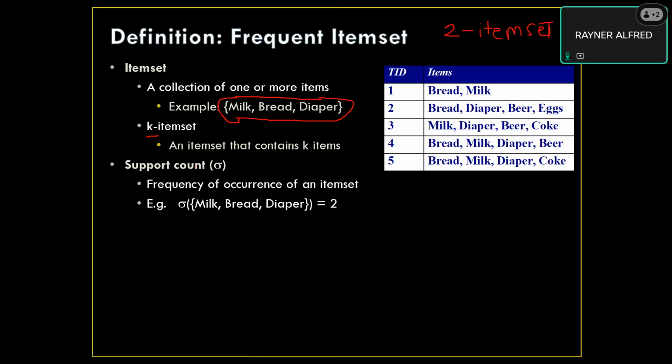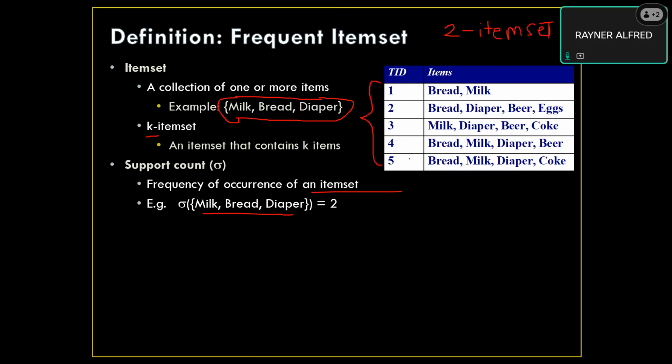And we have some benchmarking. For example, the support count looks at the frequency of occurrence of an item set. So for example, we have a 3 item set. If we compare with the transactions that we have here, we are looking at the number of times these 3 exist together in the transactions.